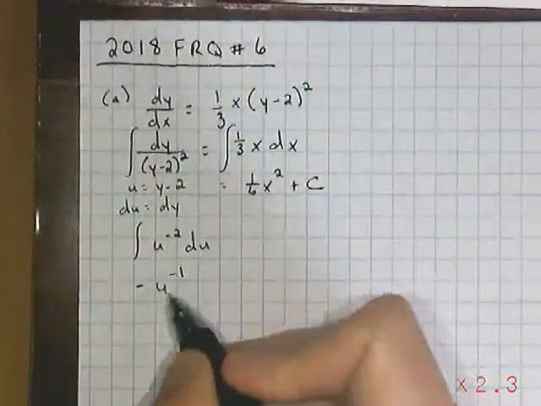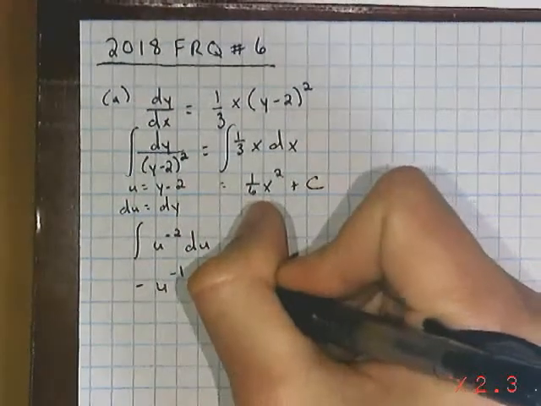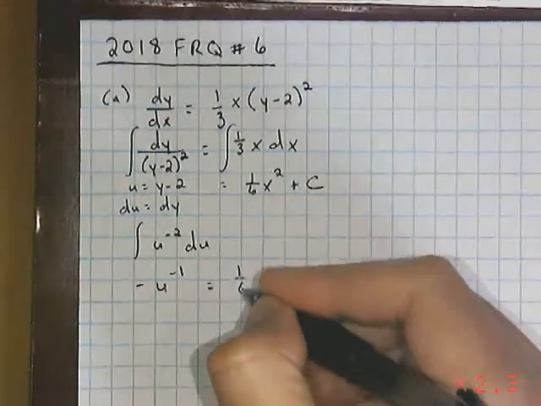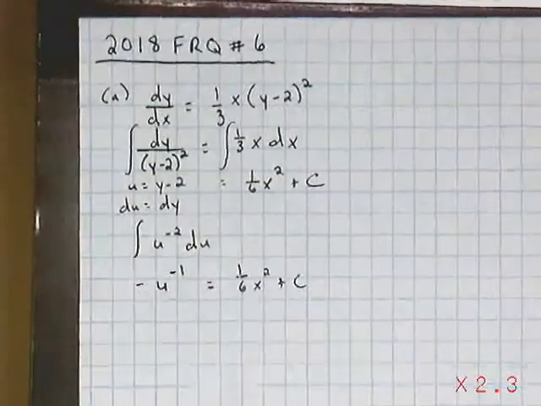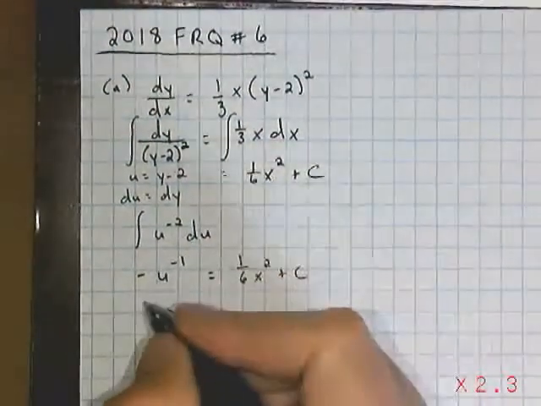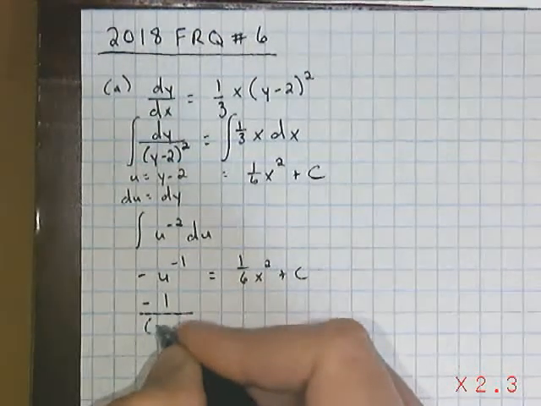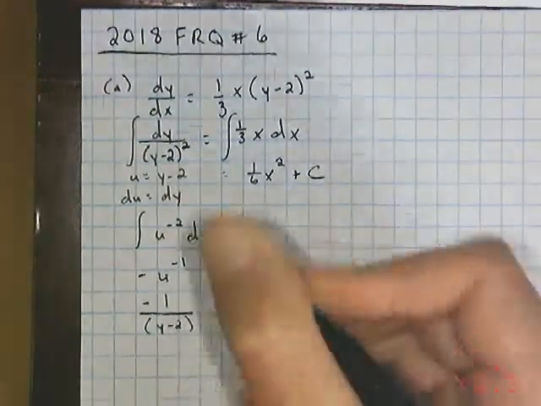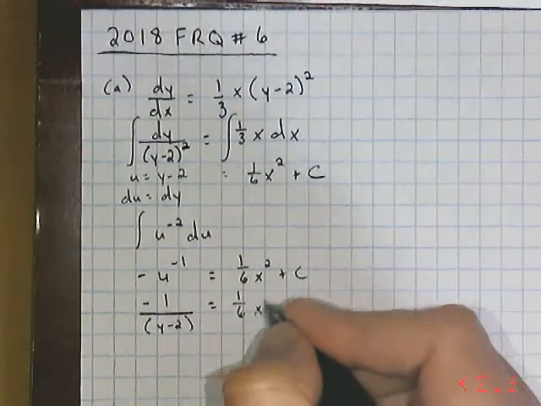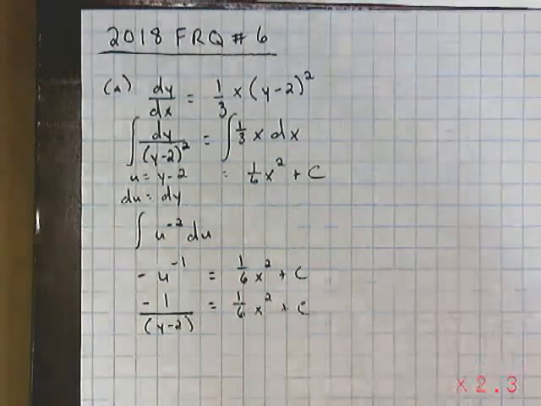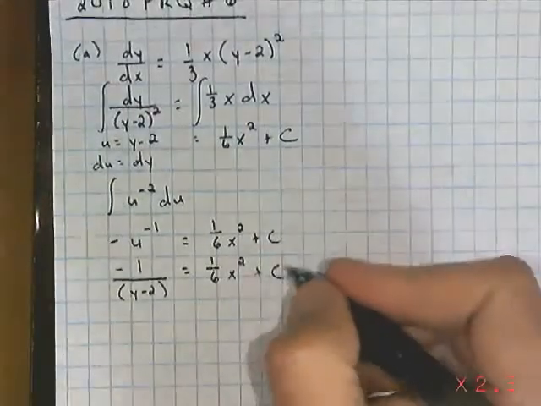So negative u to the -1. And all of this is equal to 1/6 x squared plus c. So we'll sub back in for u and end up with negative 1 over y minus 2 is equal to 1/6 x squared plus c. This is our general solution to that differential equation.